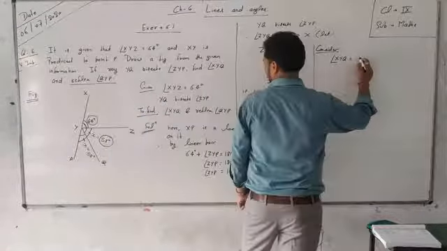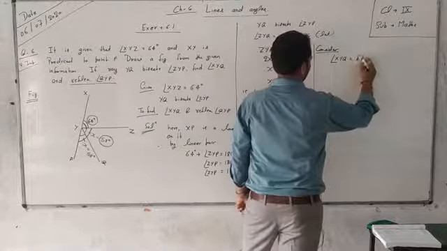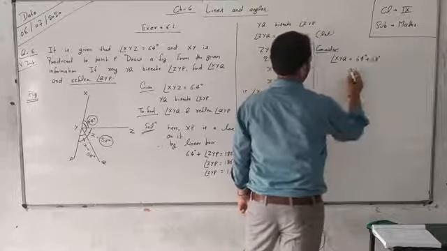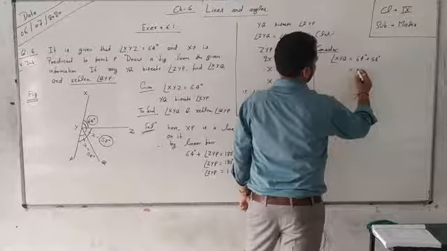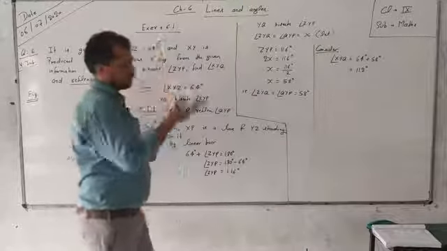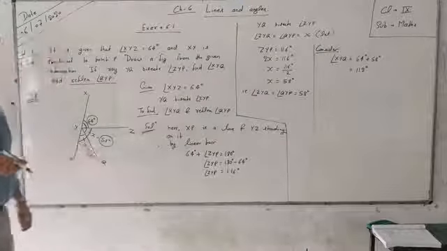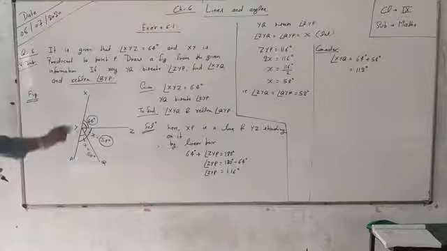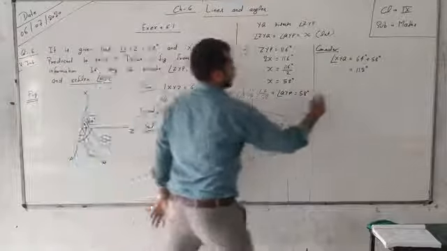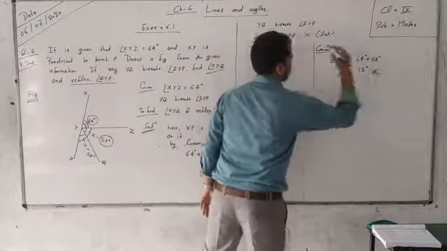XYQ is equal to what? 64 degrees plus 58 degrees. Add it. This is 112 degrees. You have to check the calculations. If there is any mistake in calculation, you have to correct it. Okay? And this is your first answer.